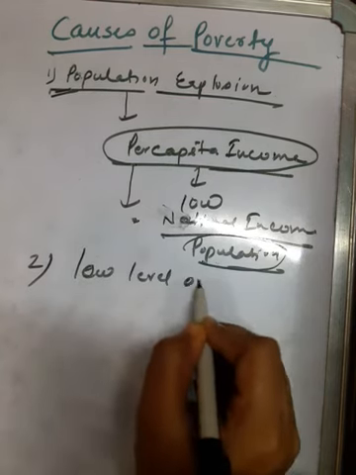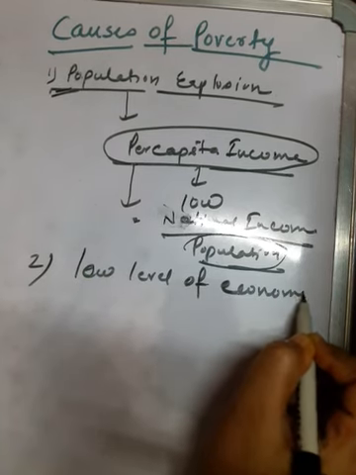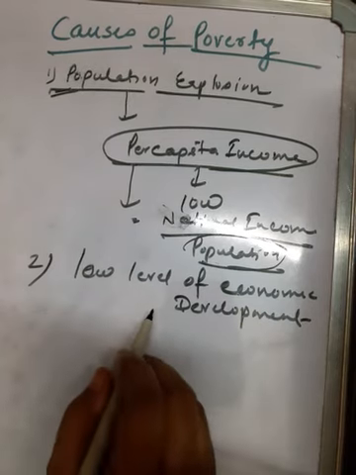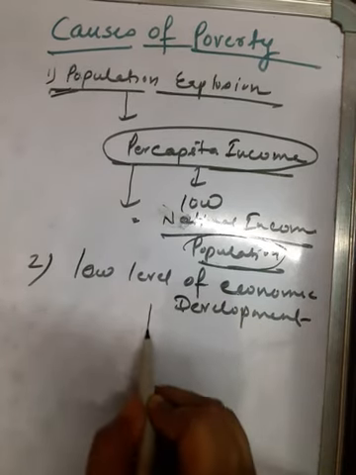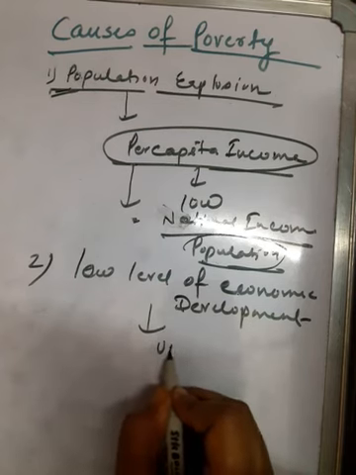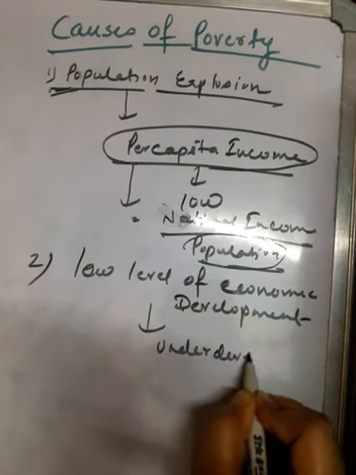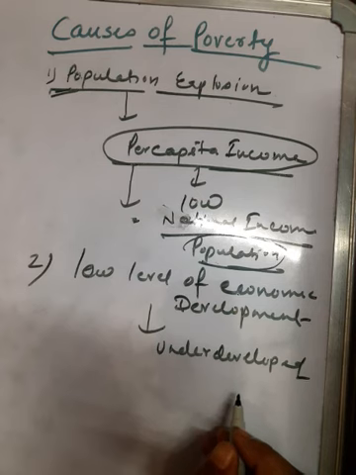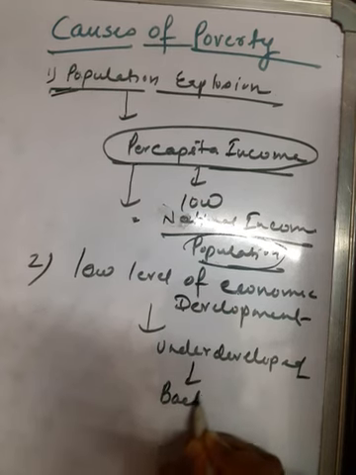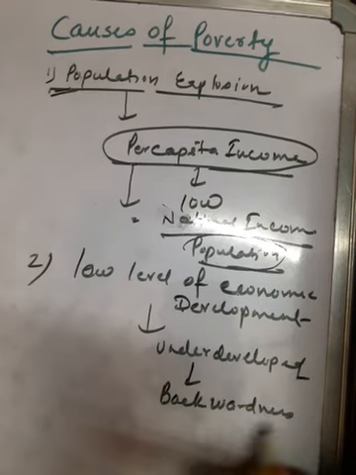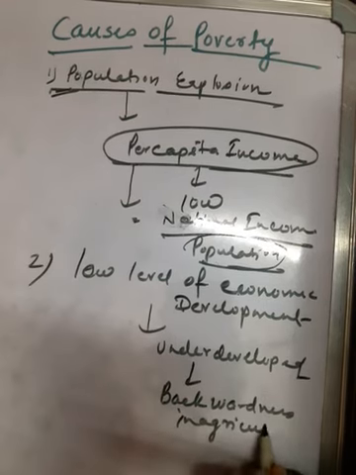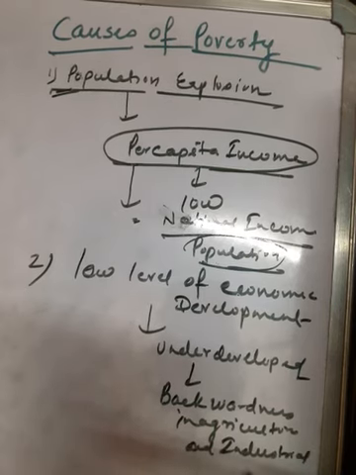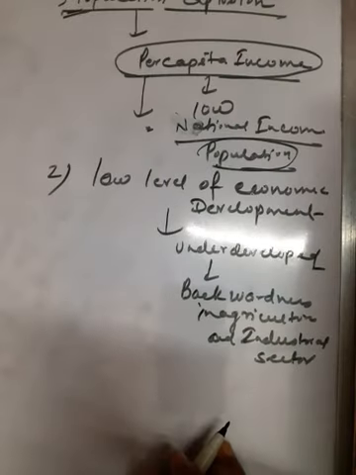Second reason is low level of economic growth. Low level of economic development is also one of the reasons why poverty exists in the country. The Indian economy is largely underdeveloped due to relative backwardness of the agricultural and industrial sector.